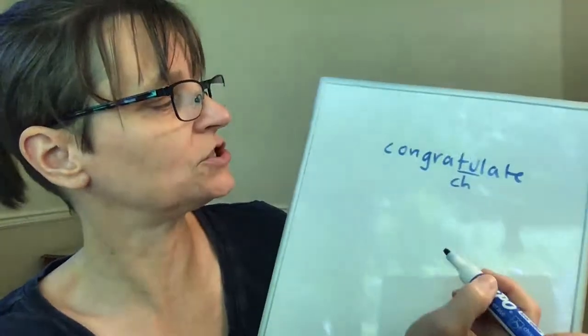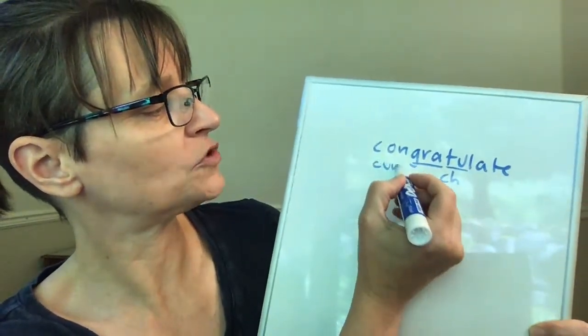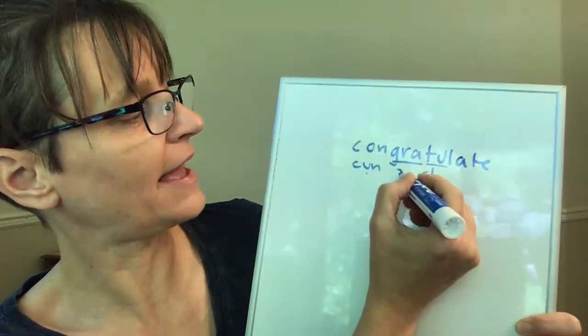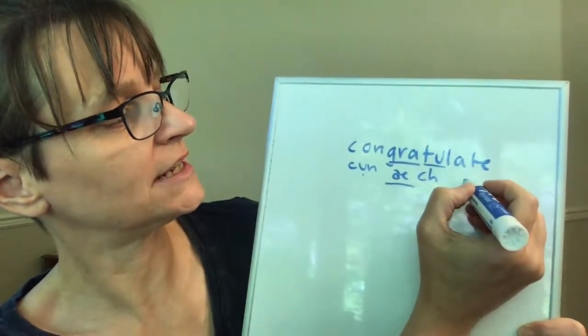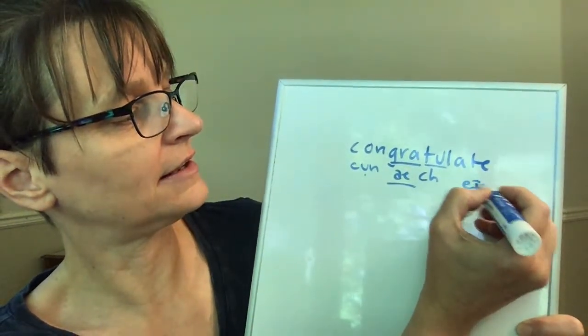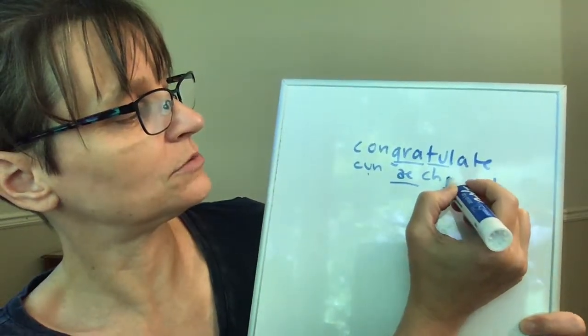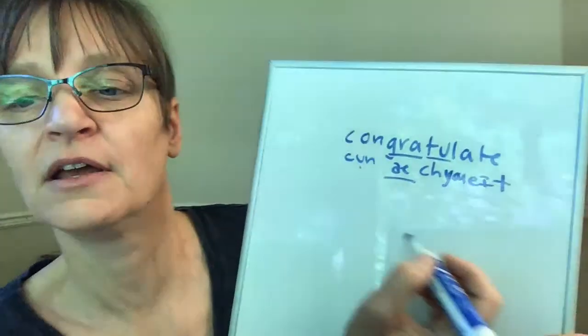The TU says ch, congratulate, and another schwa in the beginning, so an sound. Vowel a in the grat, that's the long syllable, congratulate, and a clear A in the final syllable, congratu. This is another one that says kind of a U sound, congratulate.